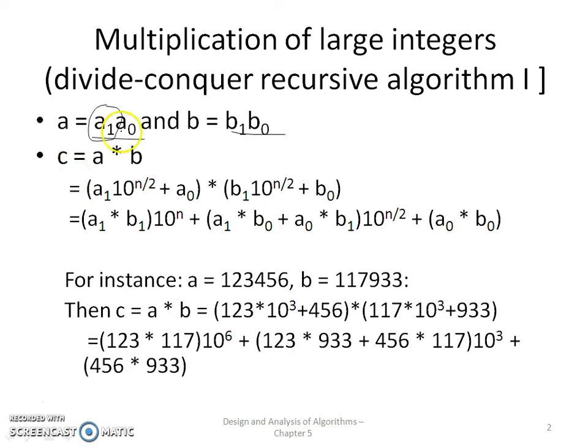So if we were to multiply these two numbers using this first recursive technique based on divide and conquer strategy, then this is how the multiplication would happen.